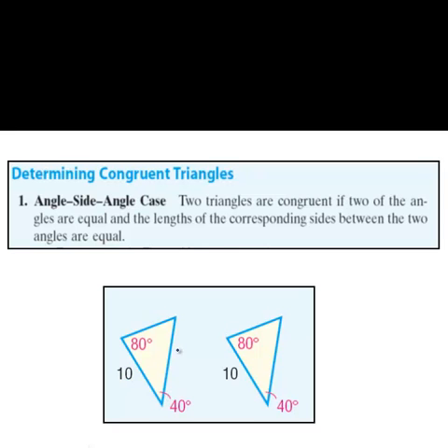Now, using trigonometry, which we'll hit next semester, we could always find the other two sides and the third angle. But we don't even need to do that as long as we have angle side angle for the one and angle side angle for the other and verify that they're the same, then the two triangles are congruent.